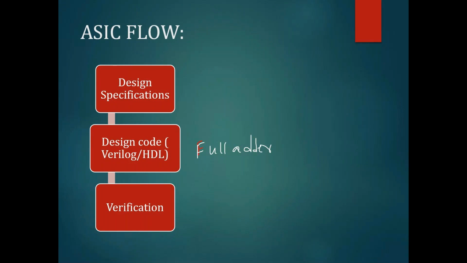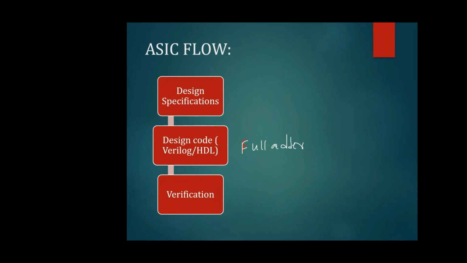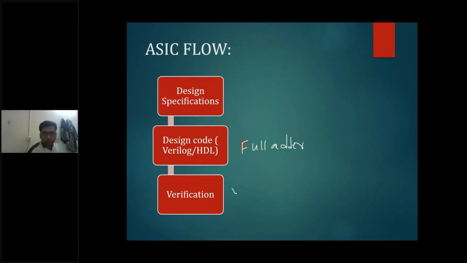So there will be a separate team validating this code, which means the verification team will start validating the design. We call them validation engineers. They're going to take up the chip and apply the input stimuli. They will see whether the chip is working properly or not.